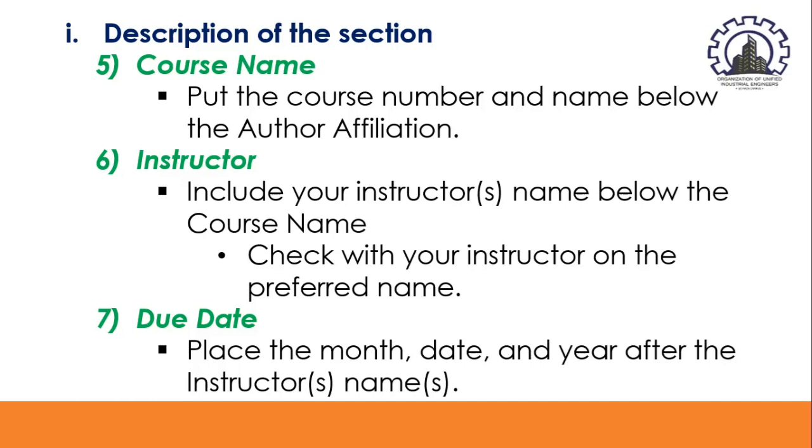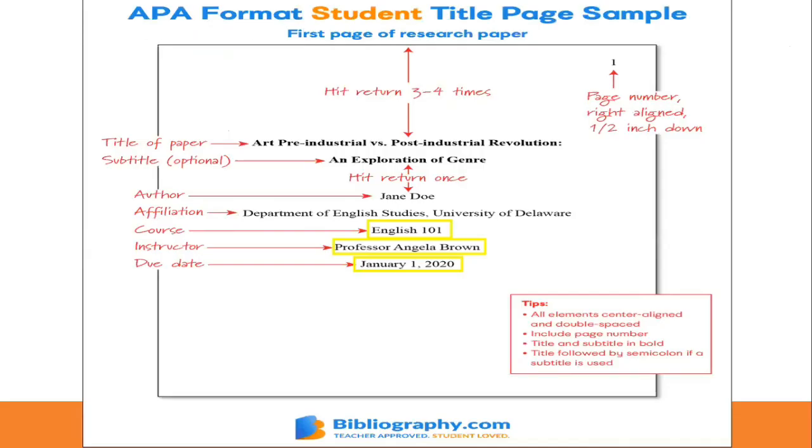And finally, we have the due date. For the due date, you need to place the month, the date, and the year after the instructor's name. All right. As you can see, boxed in yellow, these are examples of the course. In this case, we have English 101. The name of the instructor is Professor Angela Brown, and the due date is 1st of January 2020.